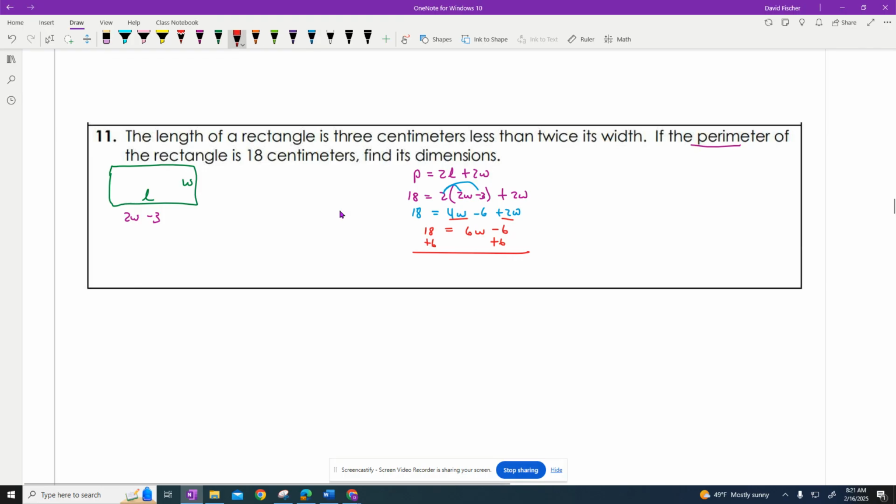24, let's divide by 6. You probably ran out of room. I'm getting W equals 4. How did you guys do on that one? Did you get 4? Alright, so now let's do our answer.